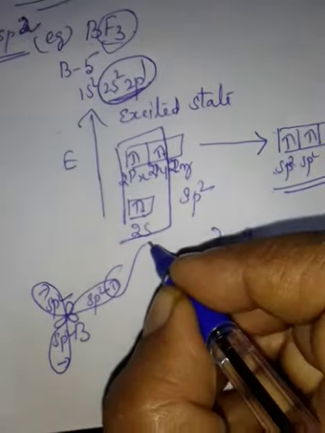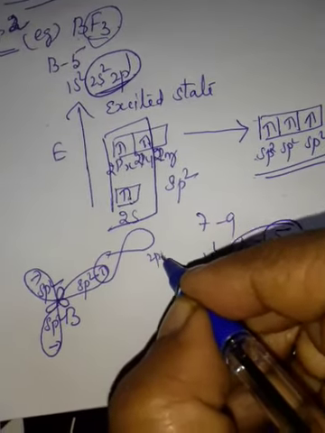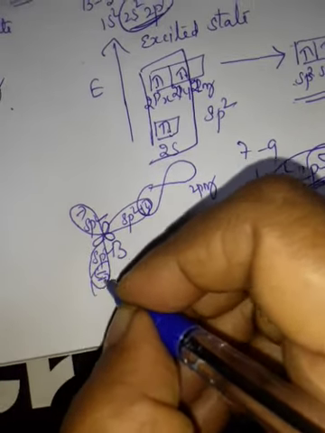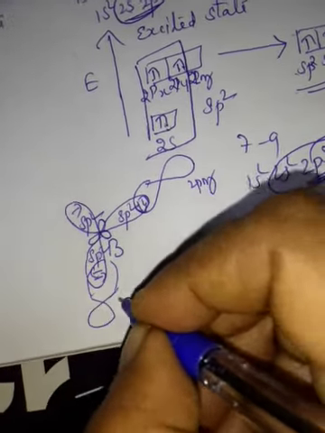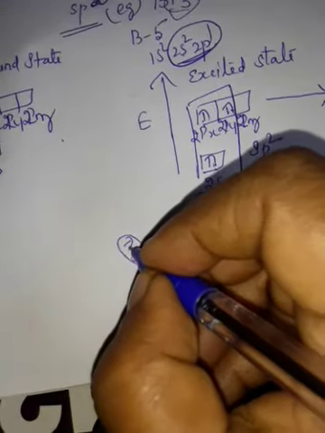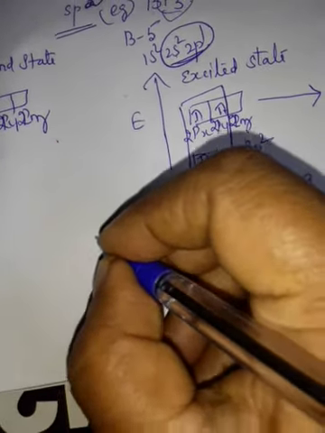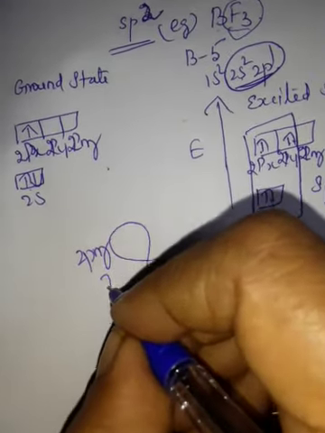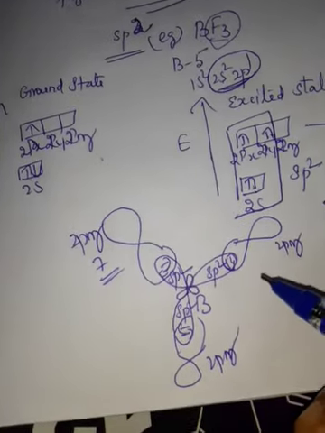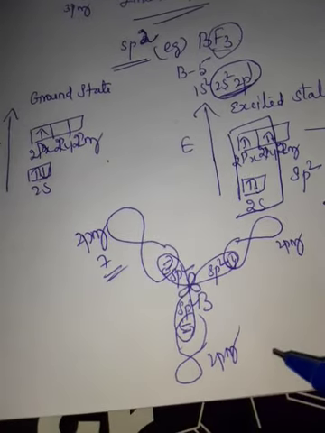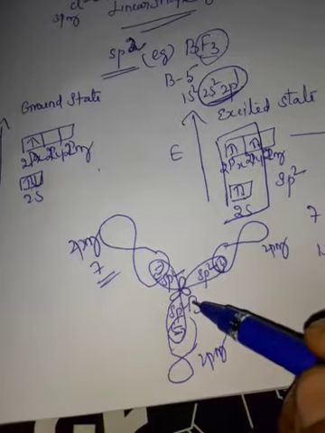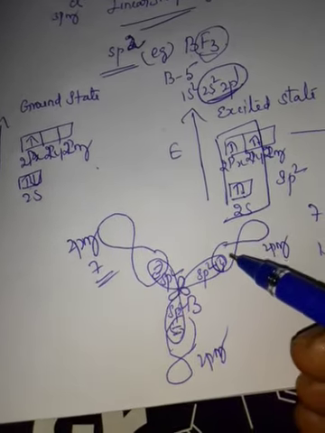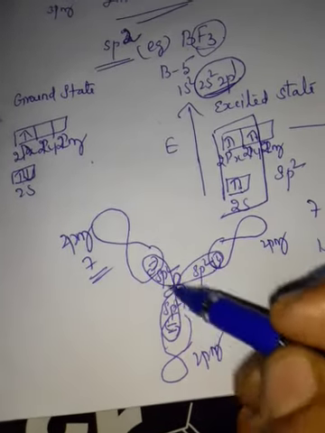So the 2pz orbital of fluorine giving 1 electron, 2pz orbital of fluorine, 2pz orbital of fluorine. This is sp2 hybridization. Each sp2 orbital having 1 electron bonds with fluorine, forming a covalent bond, 3 covalent bonds.